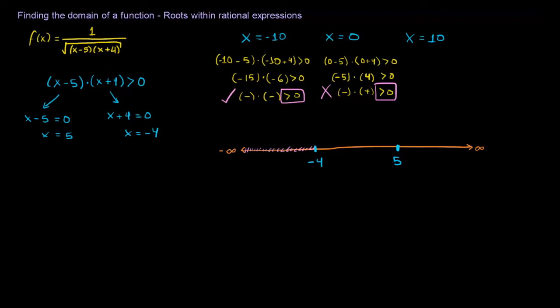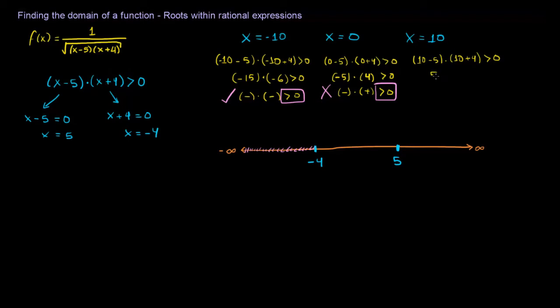Now I'm going to do this with x equal to 10. It'll be 10 minus 5 times 10 plus 4 greater than 0.